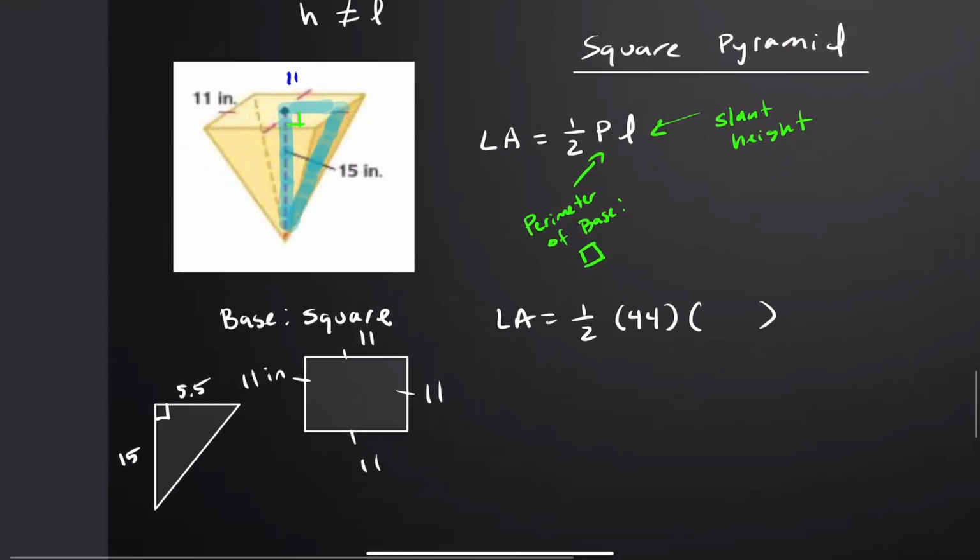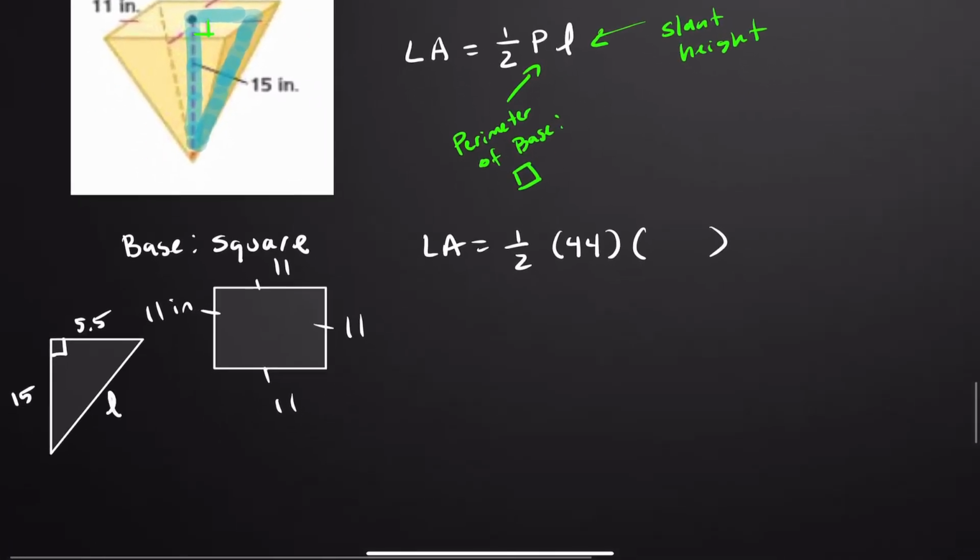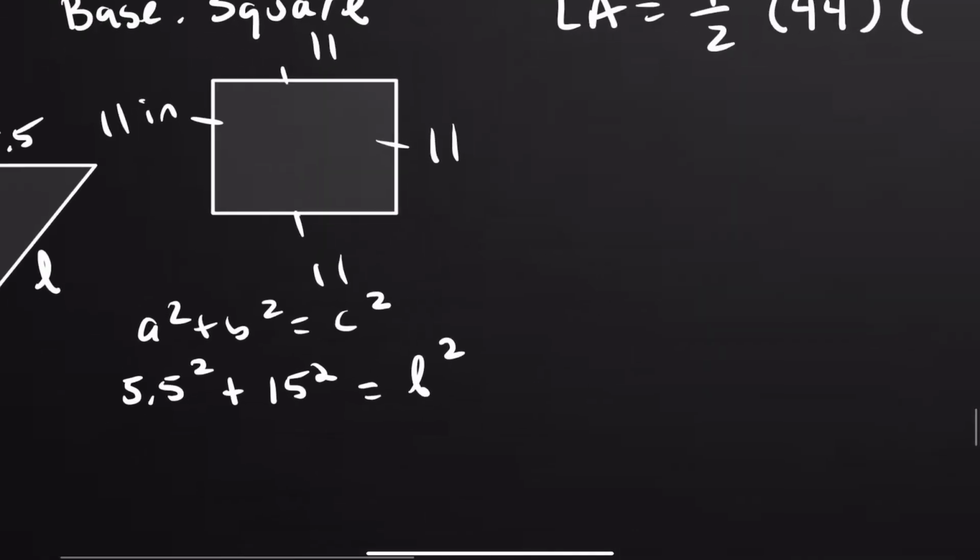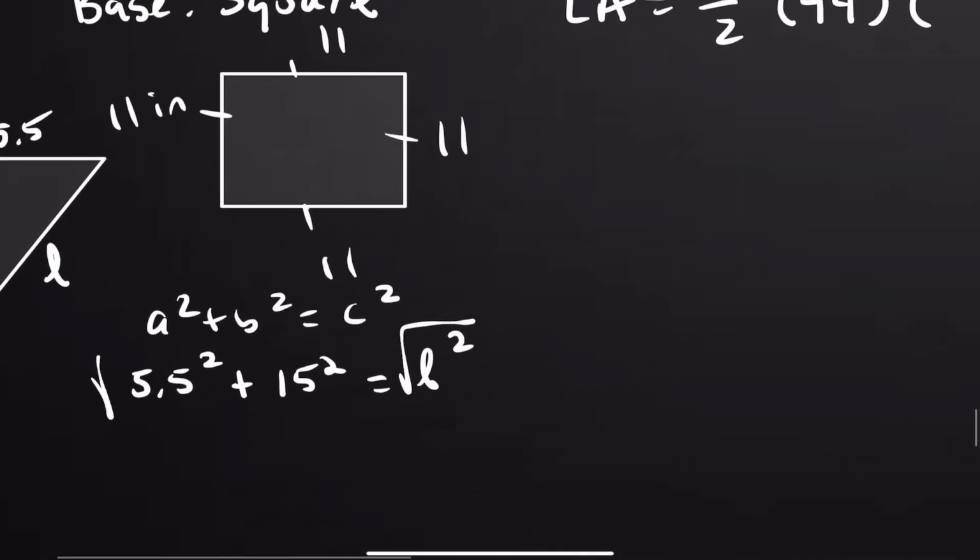So what's the slant height? I'm going to use lowercase l to find the slant height. And because we're dealing with a right triangle here and we know the two side lengths, that means we're going to be using the Pythagorean theorem. So it's a squared plus b squared equals c squared. A is going to be 5.5 squared plus b, which will be 15 squared. And then c is going to be l, so l squared. I'm going to take the square root on both sides.